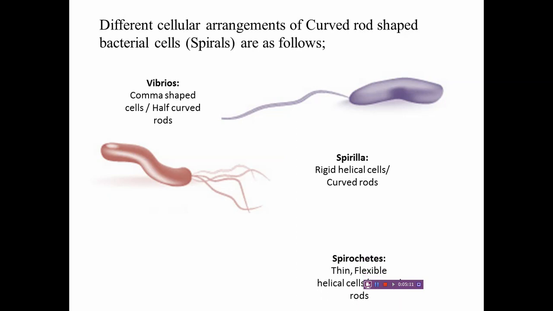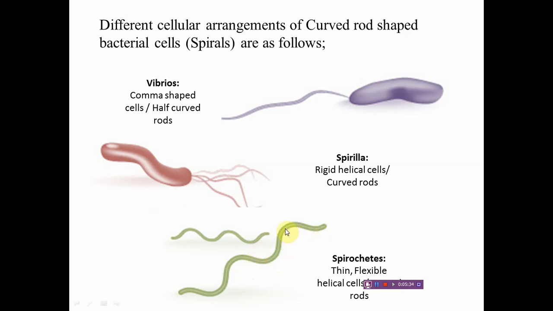Sometimes the cells, they are helical, they are spring-like, but they are flexible structures. These cells, they lack the external flagella. Rather, flagella is present inside the cell. Endoflagella or periplasmic flagella. What is periplasm? The gap between cell wall and cell membrane is called as periplasm.